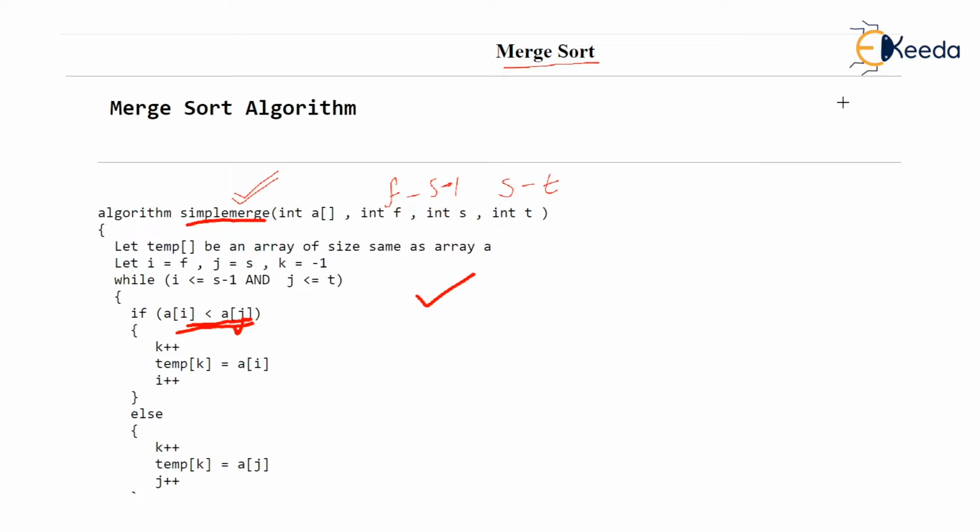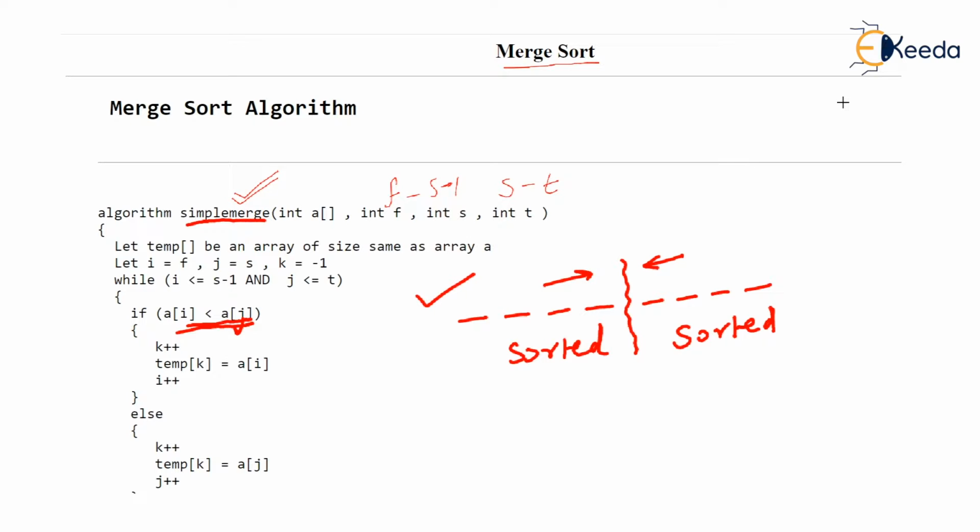Just imagine that we have a sorted partition. All the elements over here are sorted. There are four elements, and we have a second sorted partition immediately following it back to back. There are again four elements in this sorted partition, and we want to merge these two sorted parts into one single sorted part.